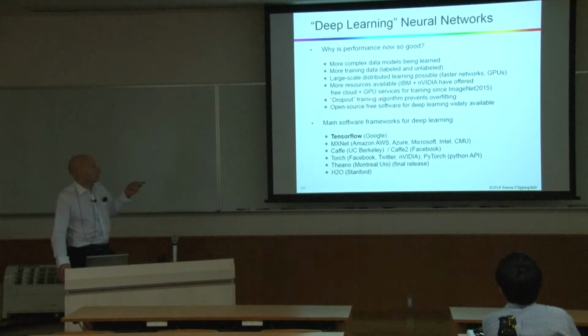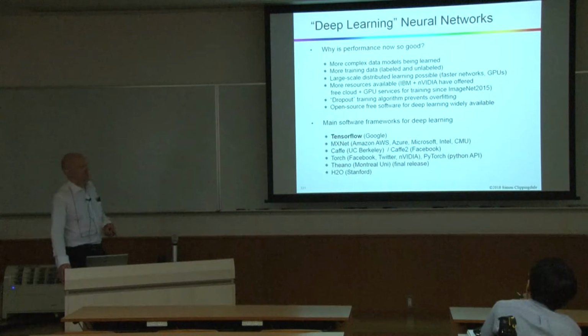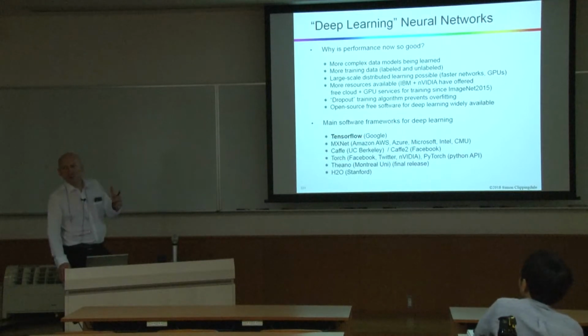The dropout training algorithm has prevented overfitting, which was an issue for neural networks for quite a while, especially since with a neural network with any number of layers, it's very difficult to know exactly what's being represented by a given unit in a deep layer of that network. So it wasn't always clear when those networks were overfitting. Overfitting still is an issue.